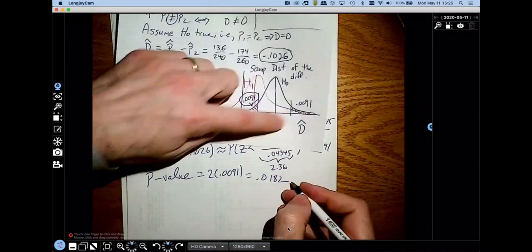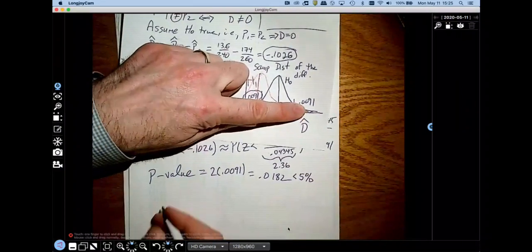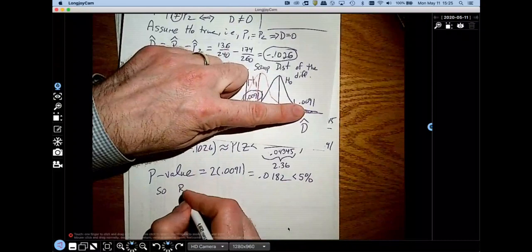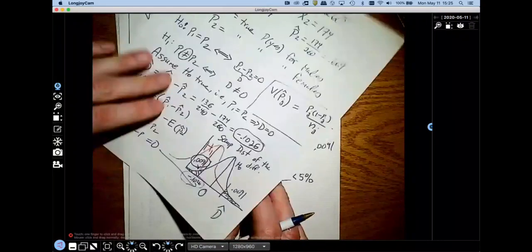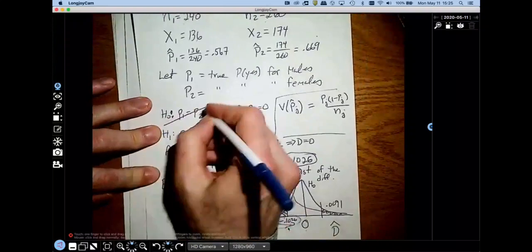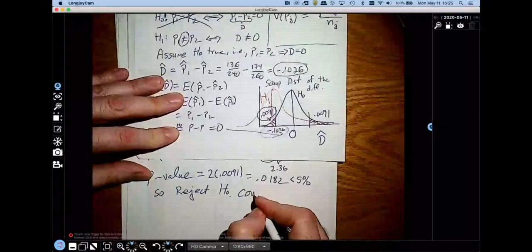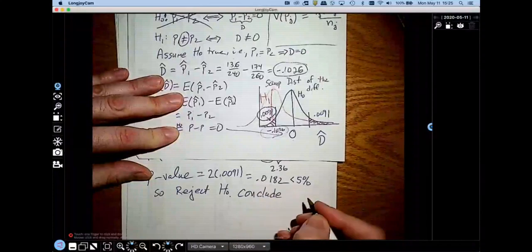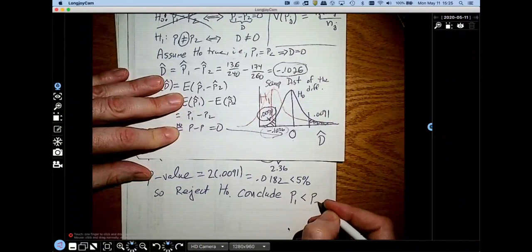And that p-value, if we're going to use the 5% cutoff level, is less than 5%, so we're going to reject H naught. I always like to cross it out. Conclude that the proportion for men is less than the proportion for women.